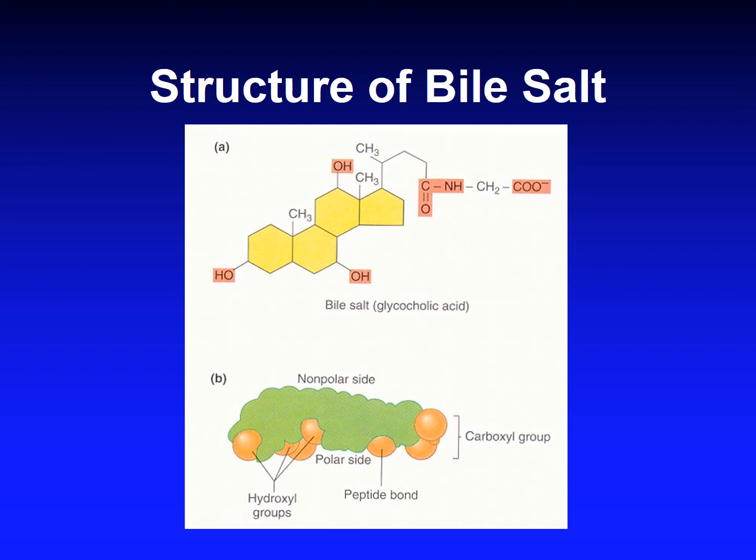So you have a non-polar side, a side that does not like electrical activity or does not like water, it just gets away from them. And then you have the carboxyl groups, which are polar. They are reactive. They can work in a liquid medium. So this is basically the structure of the bile salt.